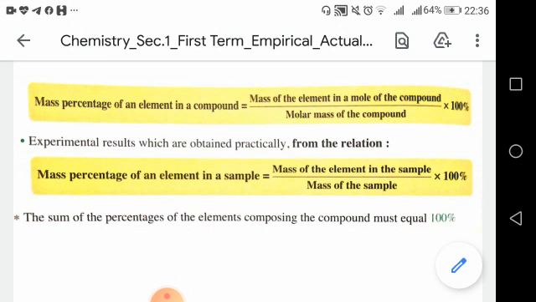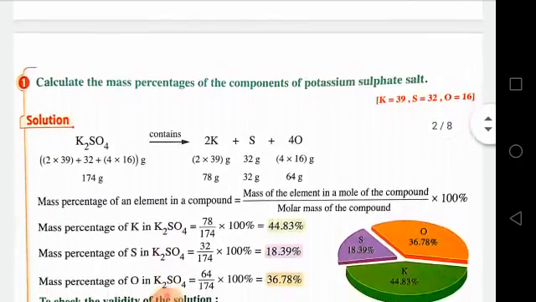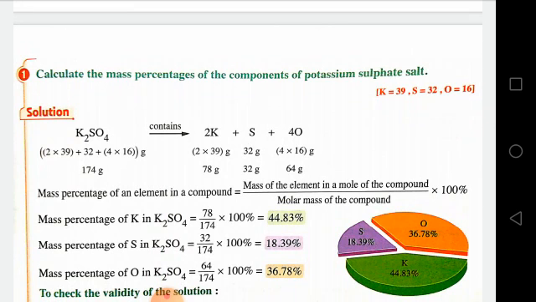We can take an example to illustrate this calculation. Here, calculate the mass percentage of the components of potassium sulfate salt. Firstly, we must write the correct chemical formula of potassium sulfate. This chemical formula is illustrated here: K2SO4.